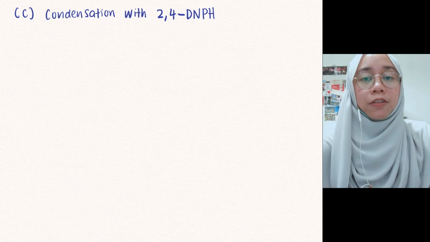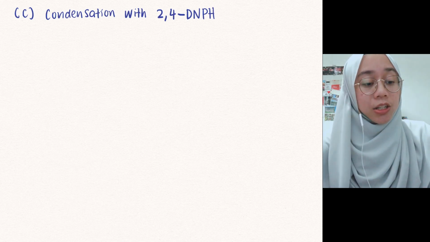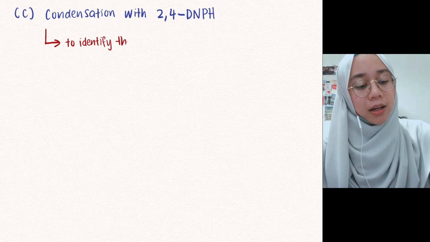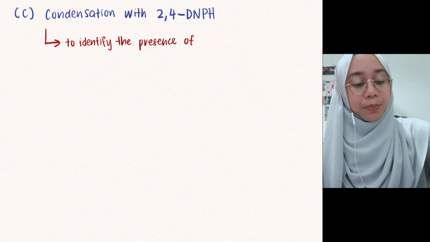For every test, as we know now, they have their own purpose. So for the condensation with 2,4-DNPH, the purpose of this is to identify the presence of carbonyl group.